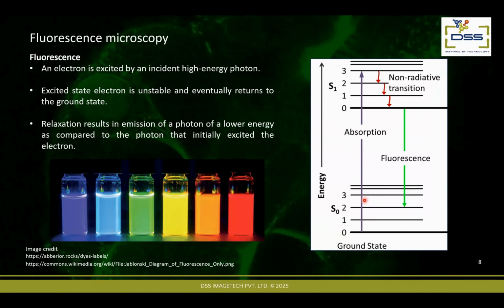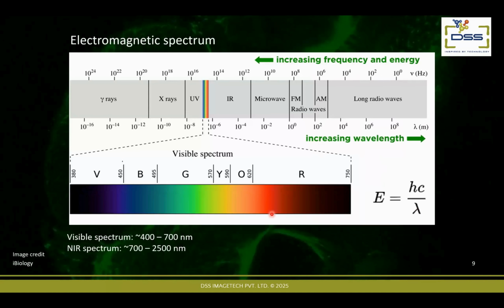For example, if a particular dye can be excited with a wavelength of 500 nanometers, like green, then it will be excited with green light and it emits red light. That is how we are seeing fluorescence. We are exciting with one wavelength and the emission is happening in another wavelength.